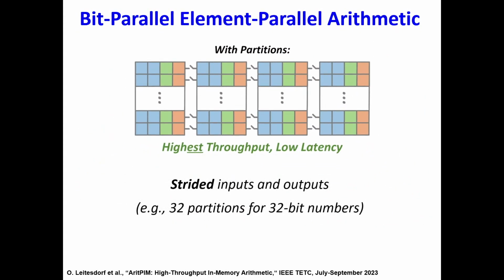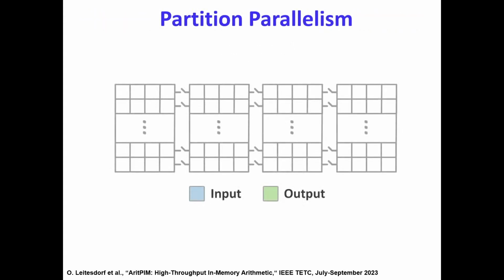The idea is to use the partition structure to get the best throughput and the lowest latency. For example, we can take a 32-bit number and put each bit in a different partition, and by that we can decide what we are doing within each bit simultaneously or not simultaneously, depending on the algorithm. But before that, let's dive a bit into the partitions and understand what they give us.